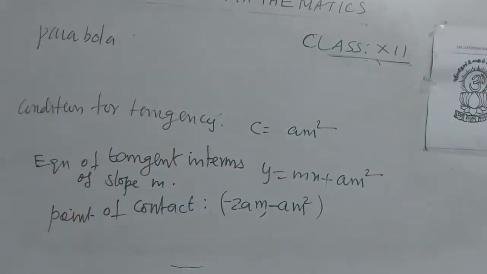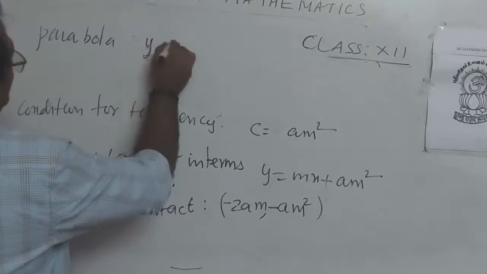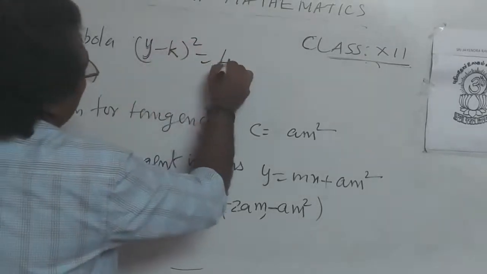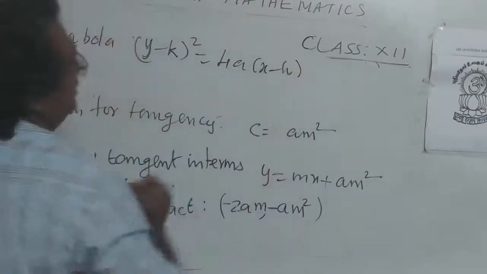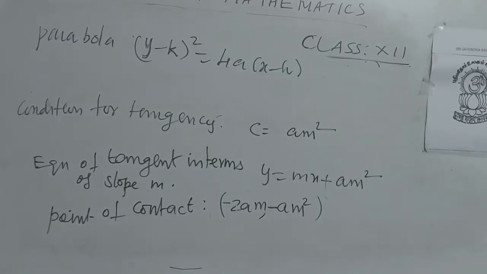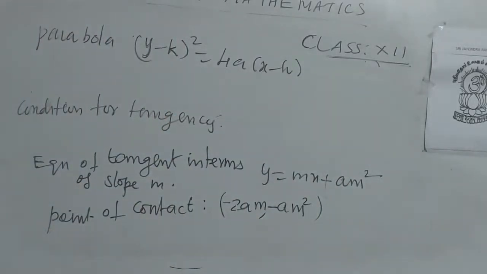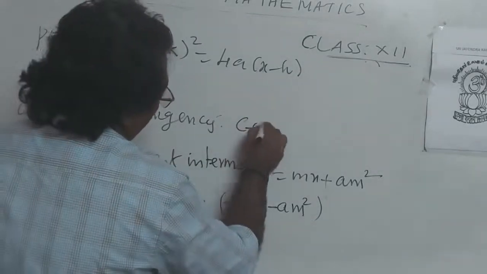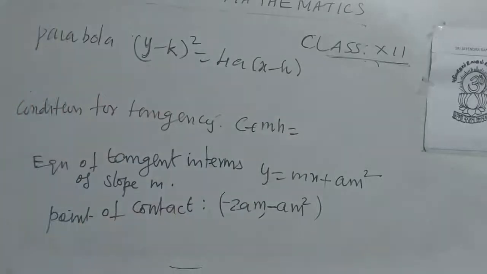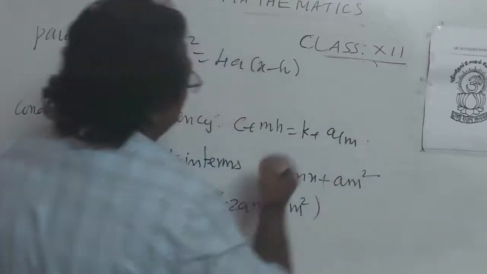Next, for y minus k whole squared equal to 4a into x minus h, the condition is c plus mh equal to k plus a by m.